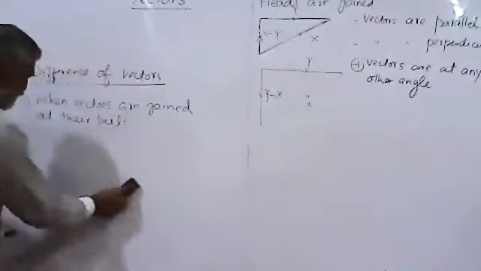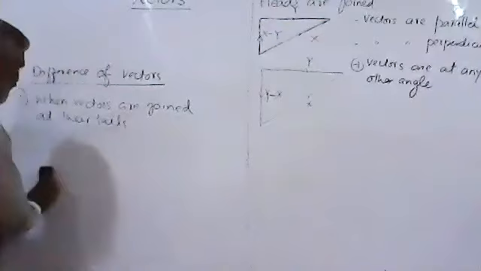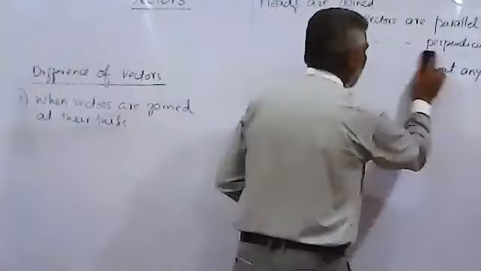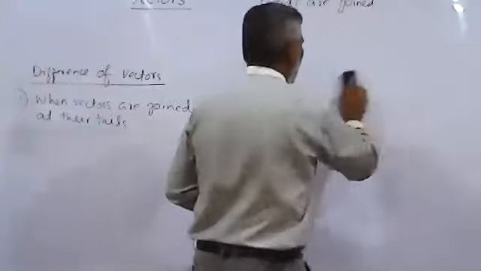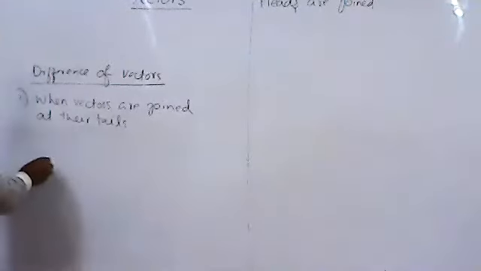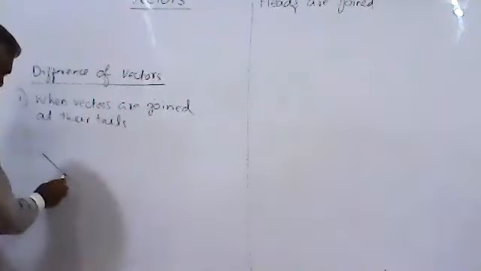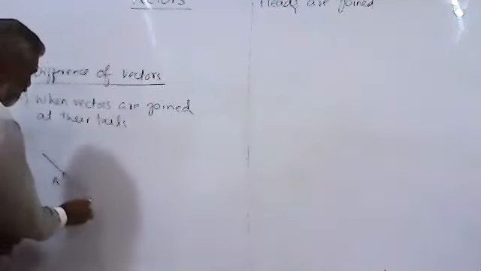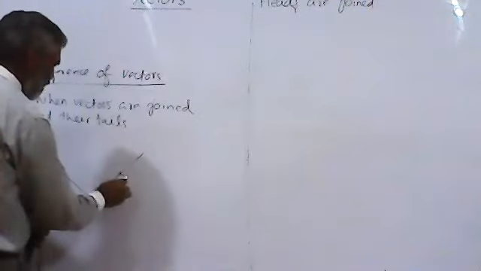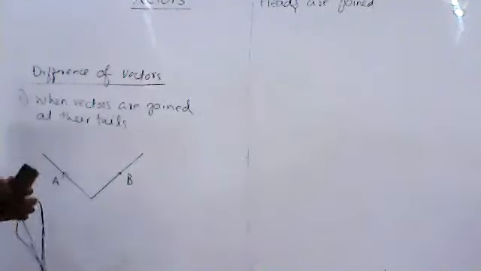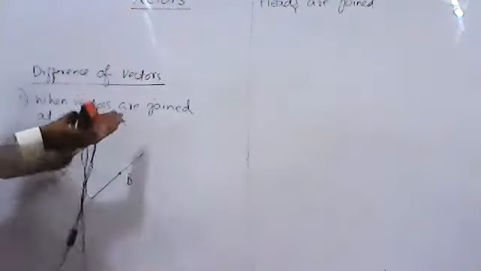For one last time, I gave you one example each, and then we move on. Suppose you have one vector A, this is vector A, and this is another vector B. The two vectors are joined at their tails and their heads are free.